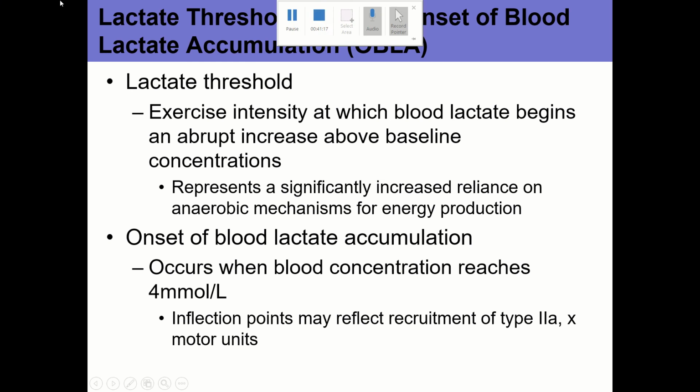All right, so let's talk about lactate threshold. As you can see there, the lactate threshold is the exercise intensity at which blood lactate begins an abrupt increase above baseline concentrations. And so when we start to see an increase in blood lactate, it's because we're working at an intensity that is higher than, or viewed another way, we're running through our ATP faster than we can deliver oxygen to the muscle cells to get rid of those free hydrogens aerobically.